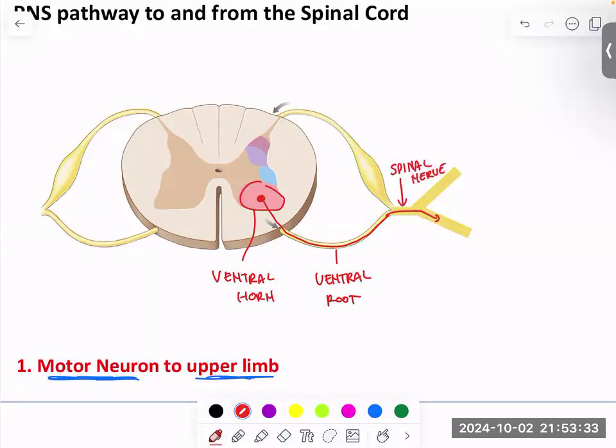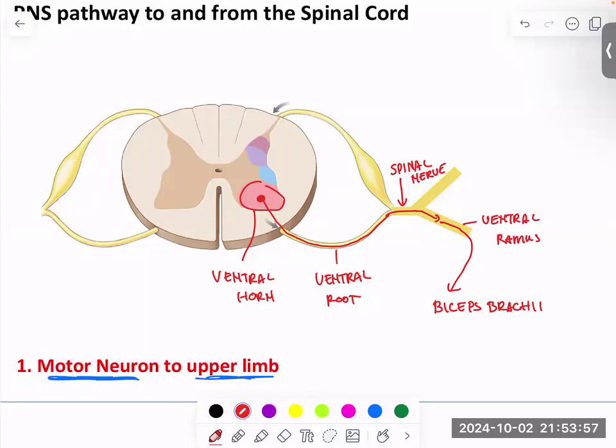To get to the arm, it's going to come out the ventral ramus. And eventually, it'll get to a muscle in the arm. That's how it's going to recruit the muscle in the arm.